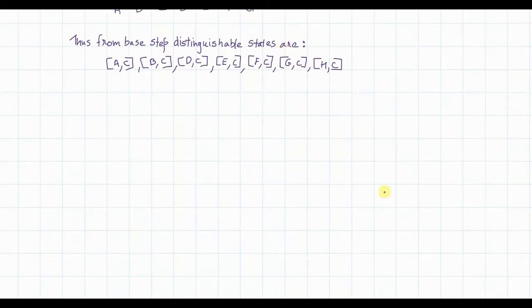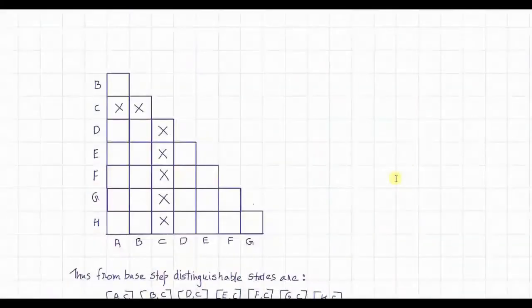What we had done here is the base step. I'll just write it for reference.